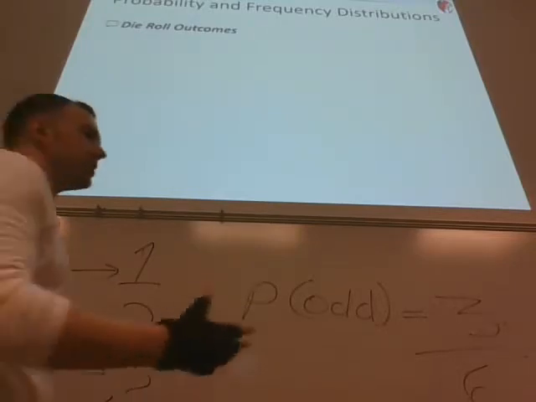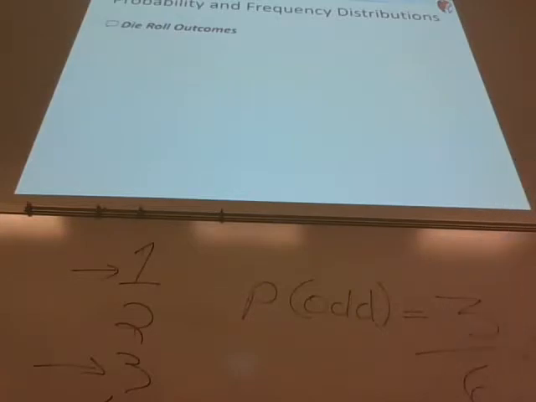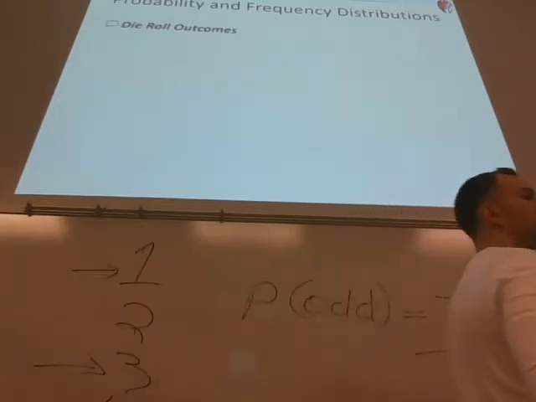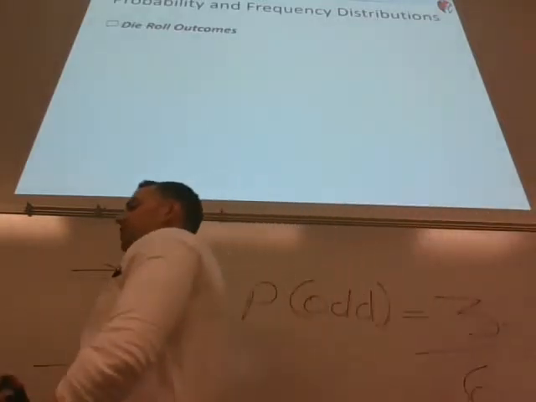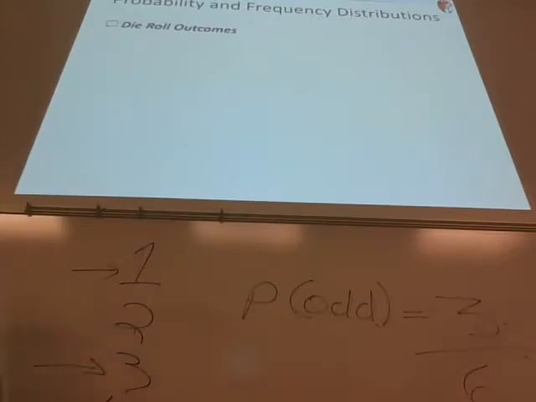Let's say that you were interested in studying the outcome of dice rolls. This was actually something that was done back in the day before they had computers to run endless simulations. So previously, if you wanted to know the probability of something occurring, what's the probability of rolling a 1 when you're playing with dice?